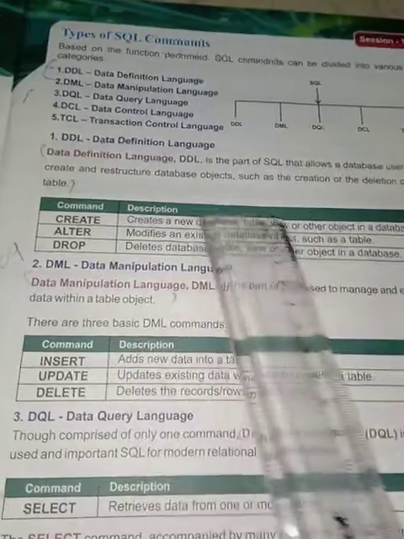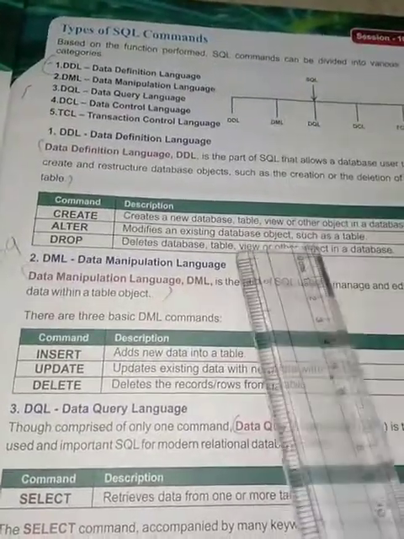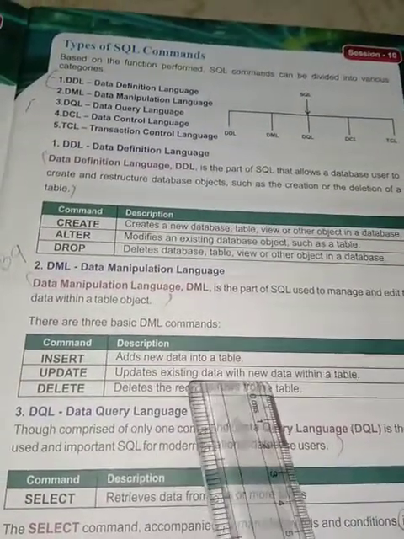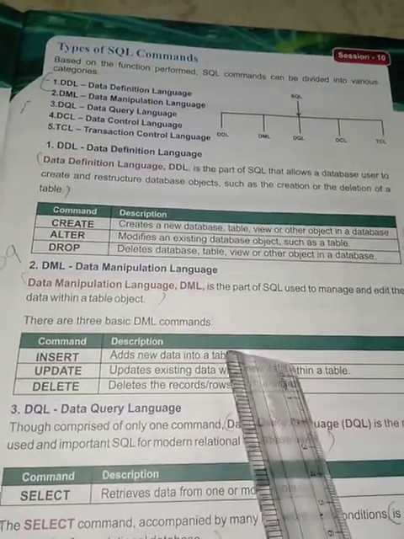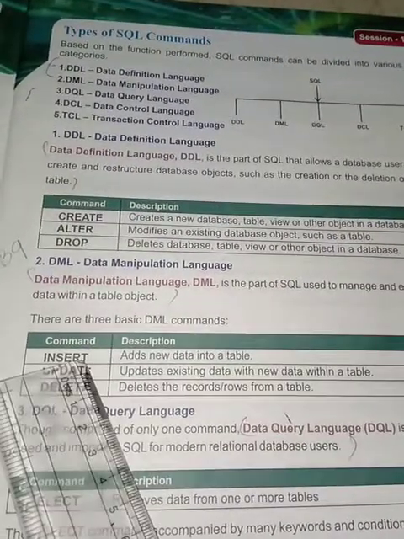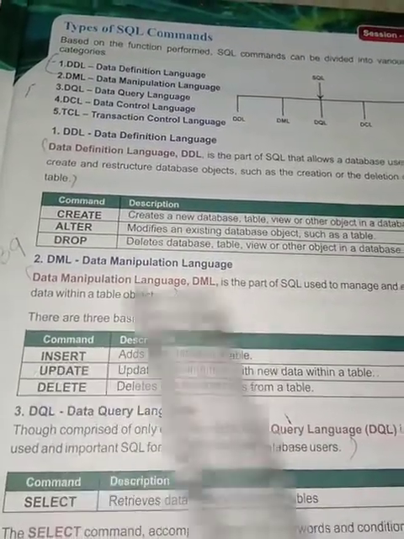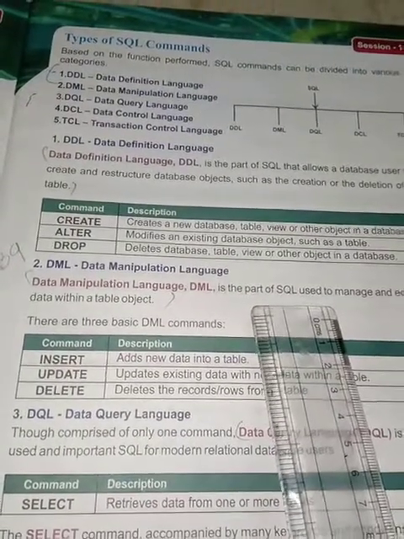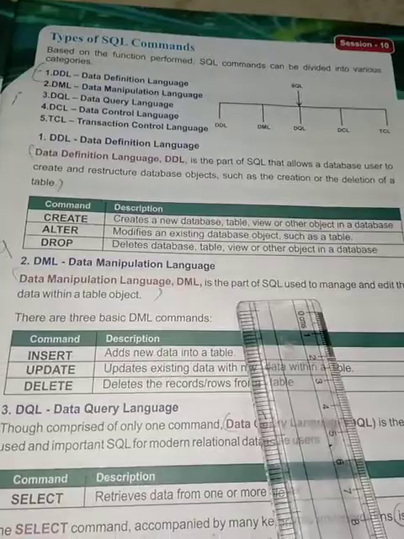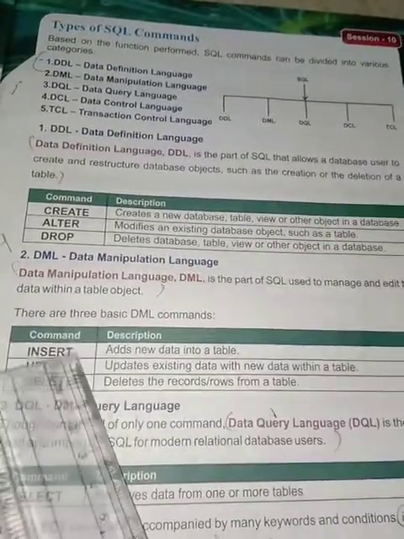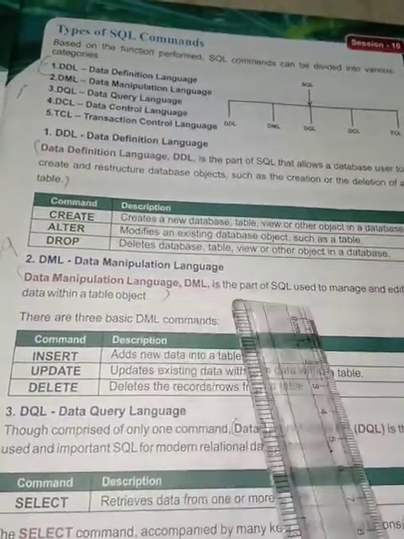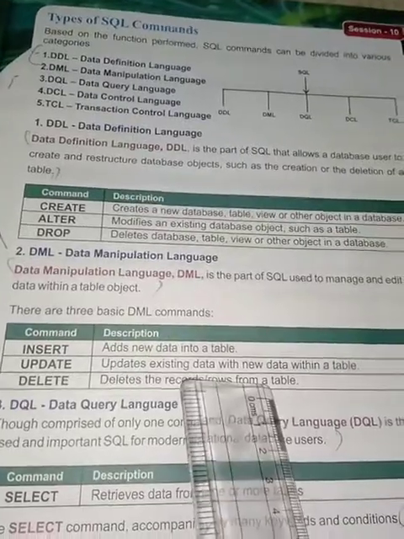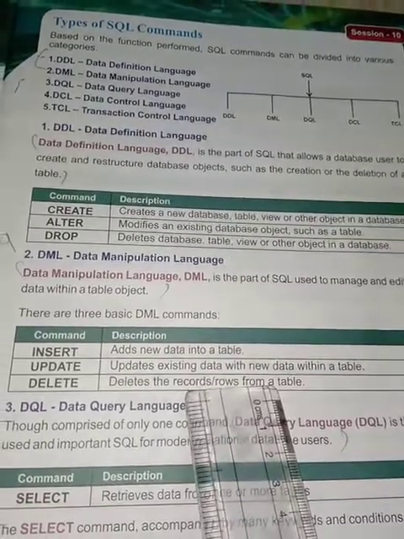The 20 students' data will remain the same, and only the 21st person will be added. Whereas in insert, all 21 students would have to be added again as a new table. But in update, the 20 students' data already exists, and to that you are adding the 21st student's details.